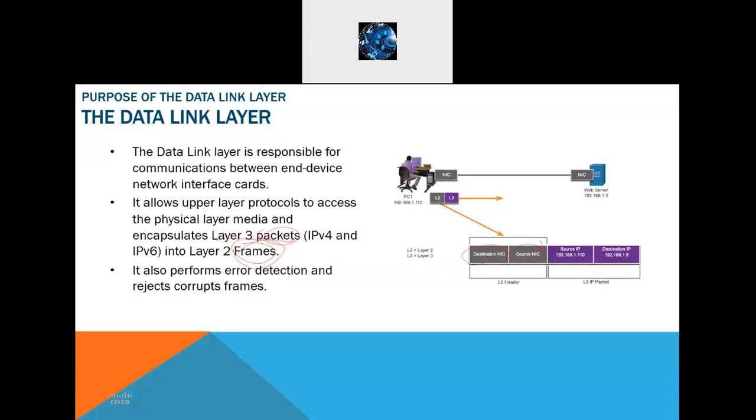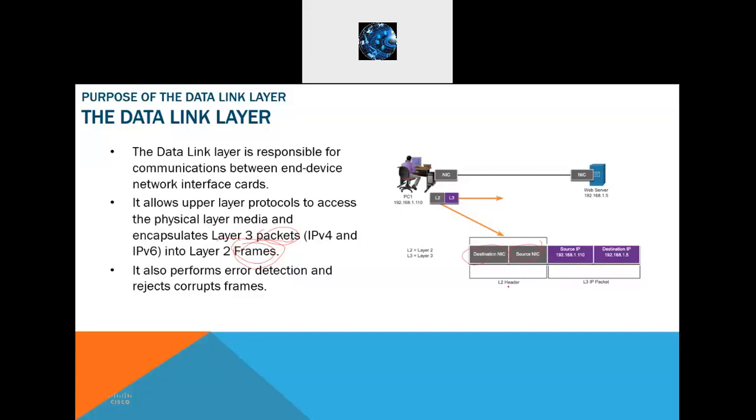So what happens on layer 2? The source MAC address will be added to my data. The destination MAC address will also be added: where you are coming from and where you are going to. And layer 2 has no business with IP addresses. That is the major thing that happens at layer 2.